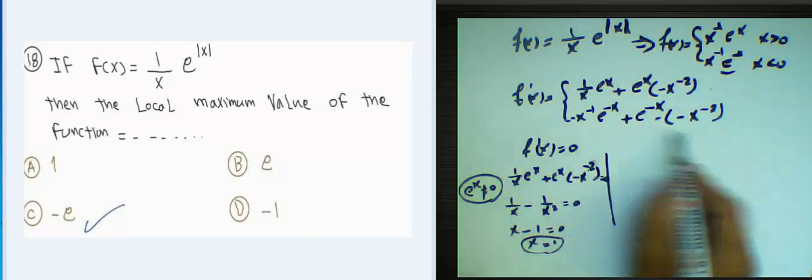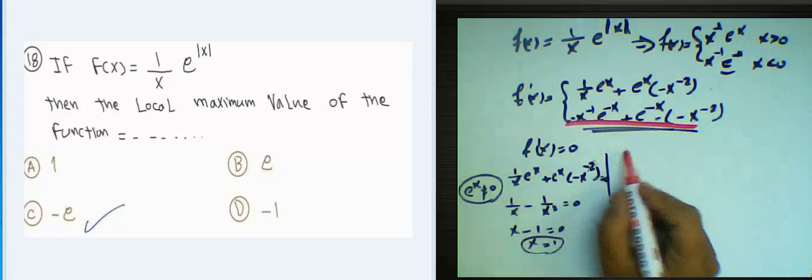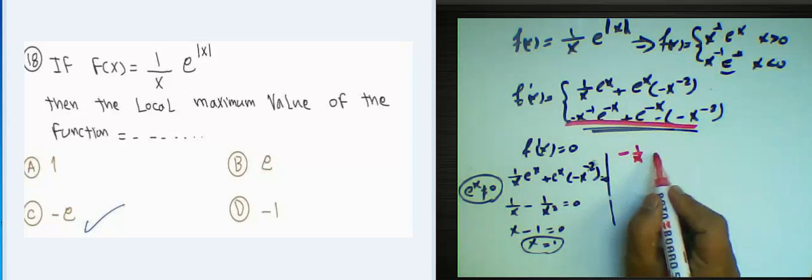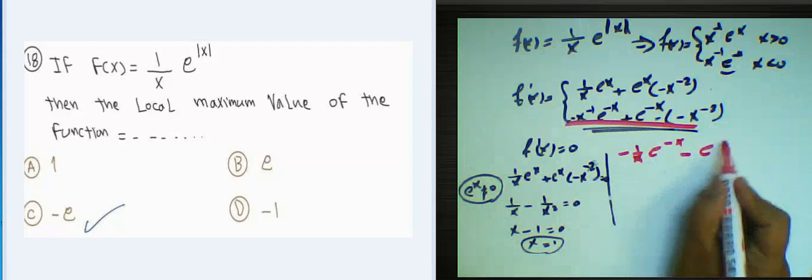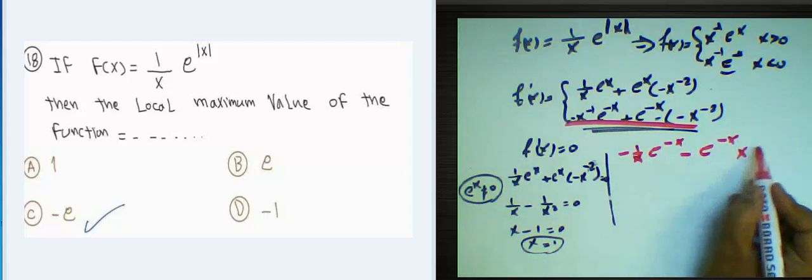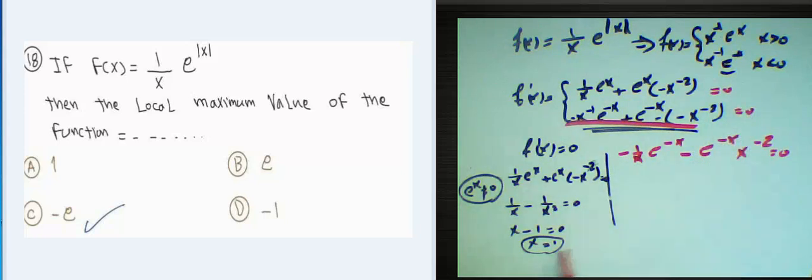And for the second piece, I will write it here and find f'(x) equals 0. Write with me: negative (1/x) e^(−x) minus e^(−x) x^(−2) equals 0.